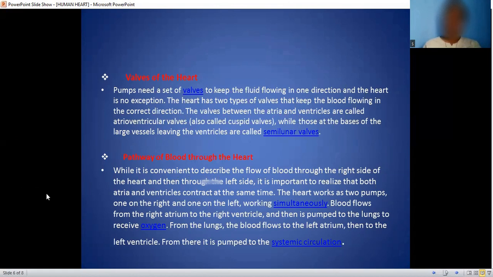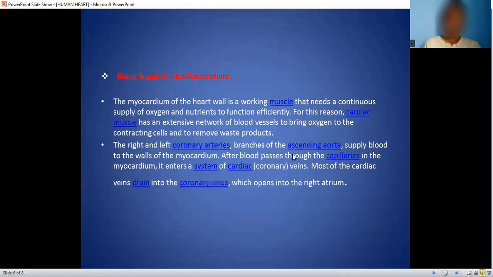The heart works as two pumps, one on the right and one on the left, working simultaneously. Blood flows from the right atrium to the right ventricle and then is pumped to the lungs to receive oxygen. From the lungs, the blood flows to the left atrium, then to the left ventricle. From there, it is pumped to the systemic circulation.